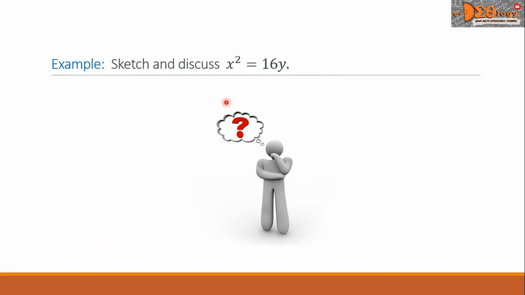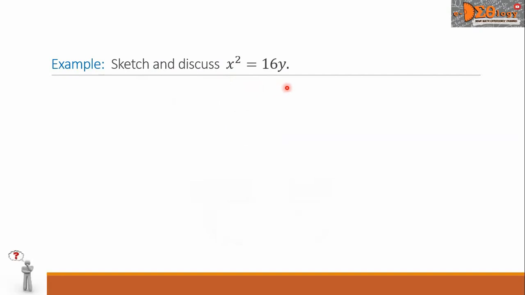Let us see this example. Sketch and discuss x squared equals 16y. For our solution, we can see that this given equation conforms with our equation of parabola x squared equals 4ay.